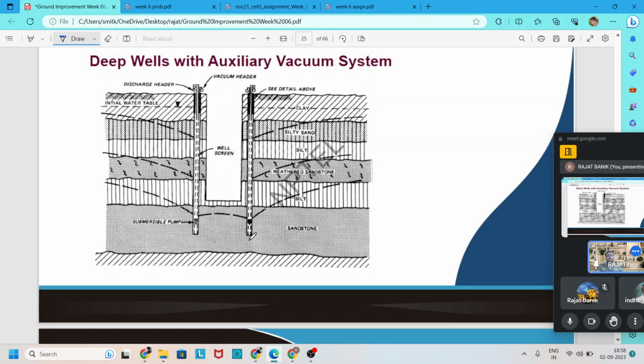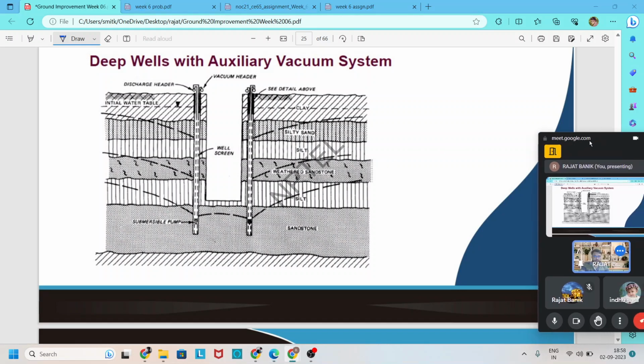But if there is some other material like silt or clay present during pumping, we need extra energy or an extra arrangement to drain out the water from this soil, because we know that clay and silt are less permeable than sand.